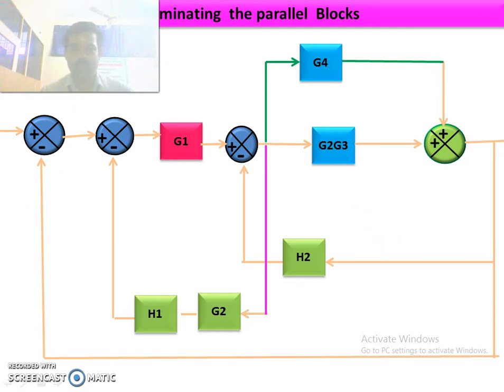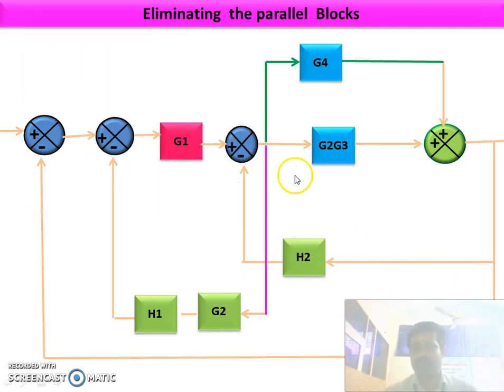Next, here you are having a parallel block. This block G2 G3 and this G4 plus this summing point constitute a parallel block. The blocks G2 G3 and G4 are in parallel.